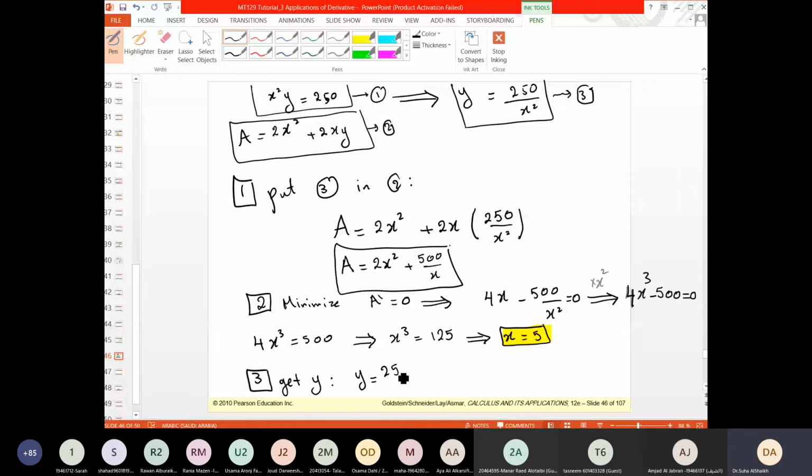This implies y is equal to 10. And this solved the question. This answered the question, as they want you to find the x and y. Okay?